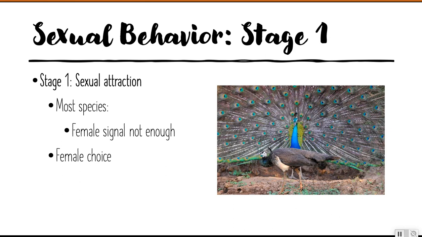So yes, there is this female signal, and males will approach females, especially if we're talking about animals. But that doesn't necessarily mean that those animals are going to for sure mate just because that male has picked up on that signal. There is an aspect of female choice. You need active female participation in order for copulation to take place.